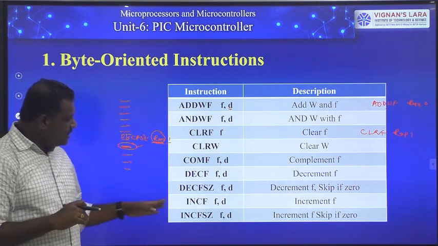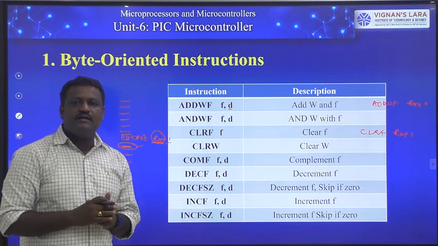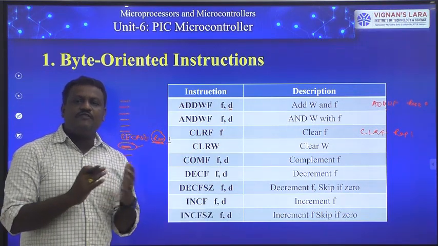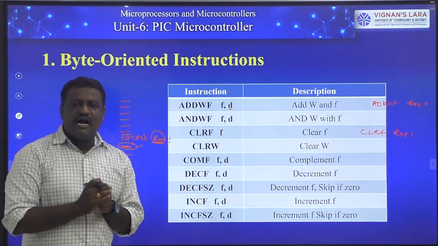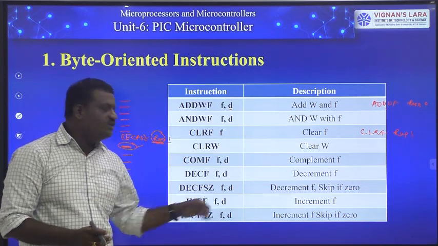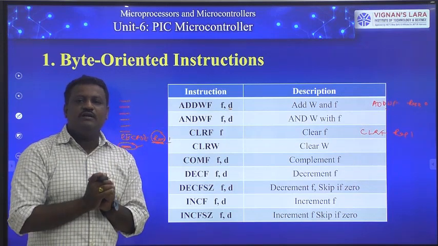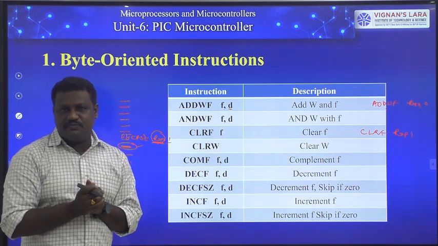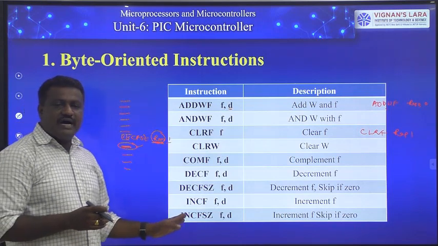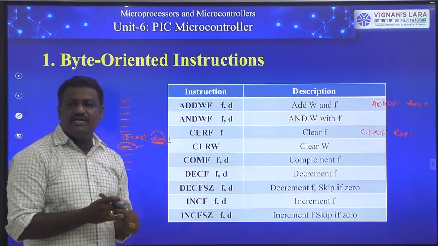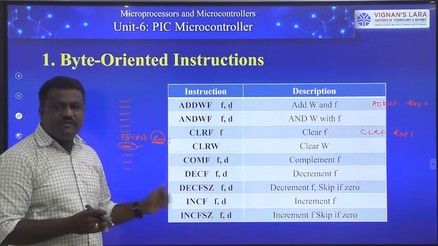And similarly, INCF F, D means increment the content of the file register by 1. After incrementation, based on the D value, the result is stored either in file register F or in working register W. And next one is INCFSZ F, D. It is an extension of the previous one.